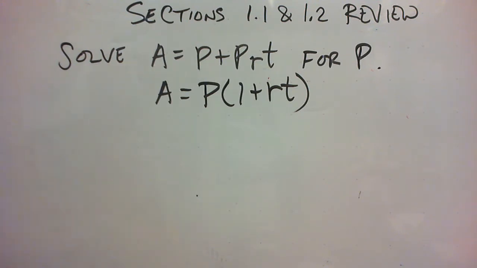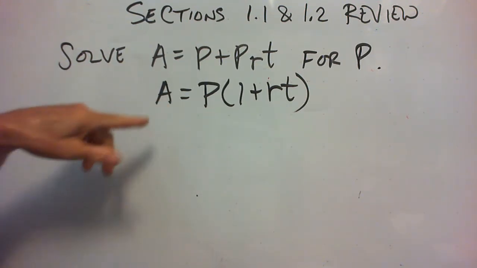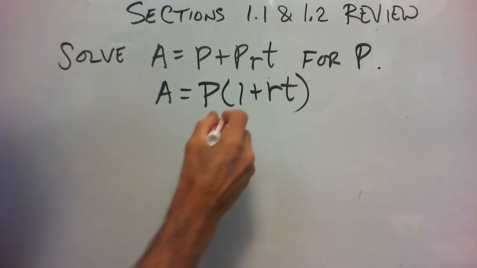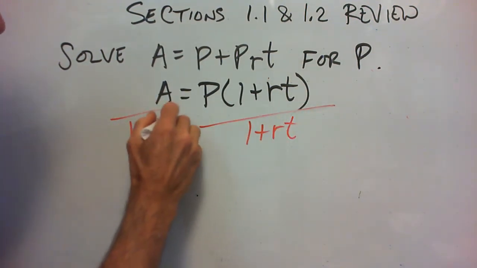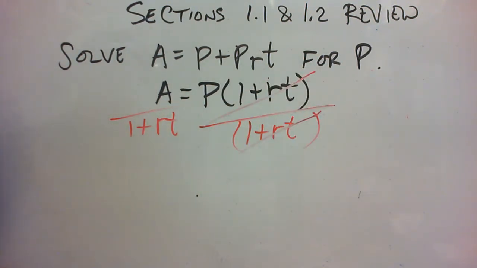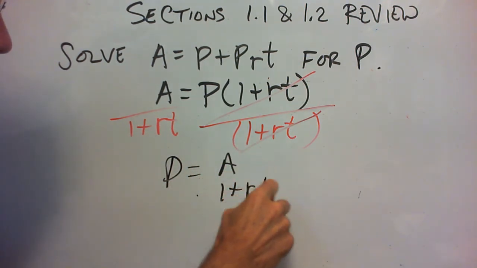Now we can just apply algebraic operations to solve for P: adding, subtracting, multiplying, dividing both sides. In this case, divide both sides by 1 plus RT, and we get P equals A over 1 plus RT.